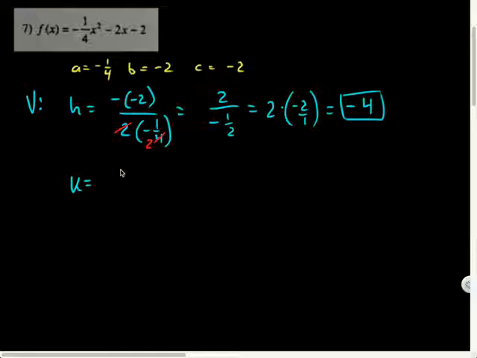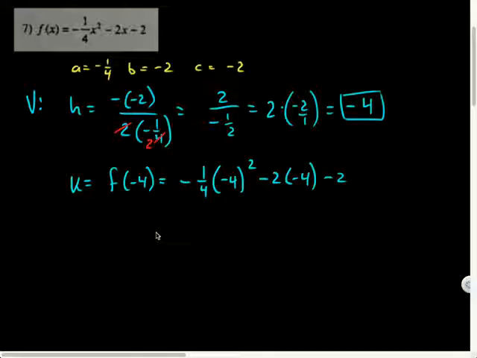Let's see, so K, I'm going to do f of H, so f of negative 4, so that's negative a quarter times negative 4 all squared minus 2 times negative 4 minus 2. So negative 4 squared is positive 16.